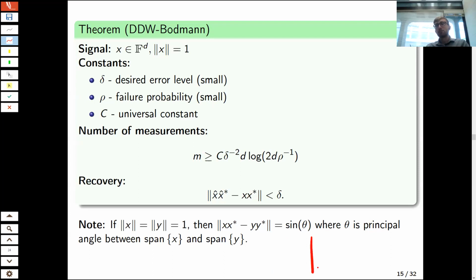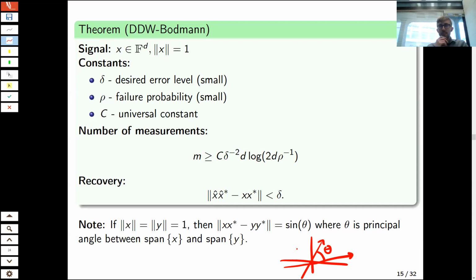So let me draw a picture to illustrate that. If I have two subspaces, span of x and span of y, then you can take the principal angle between them, and this operator norm is the sine of that principal angle. So this is actually a well-defined metric on the equivalence classes that we're looking for, and it's a nice, concise way to talk about accuracy for phases.